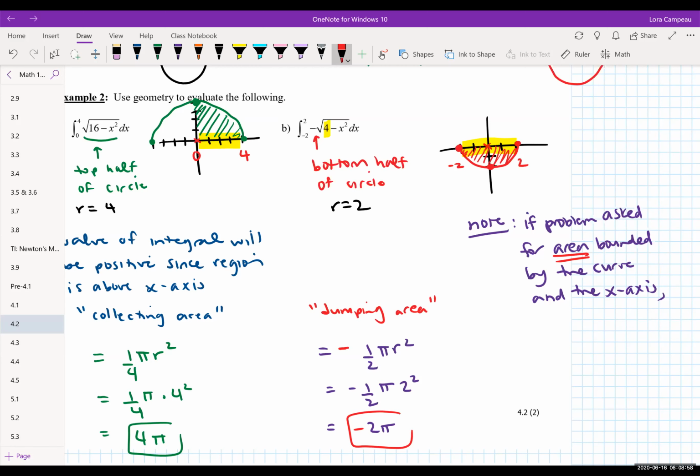They didn't relate it to an integral. They just asked for what is the area. So we would just be ignoring the coordinate system, but only using it to help us understand who r is and who the center is to help us compute the formula. So if it's strictly asked for just area, the answer would be positive.